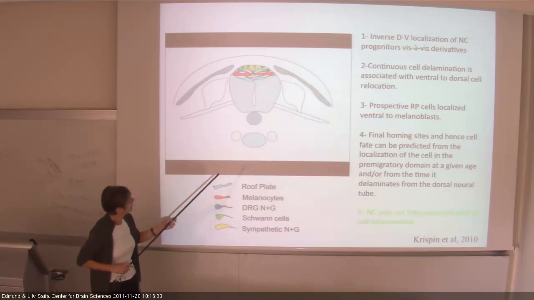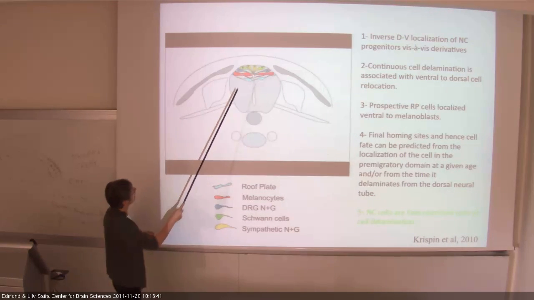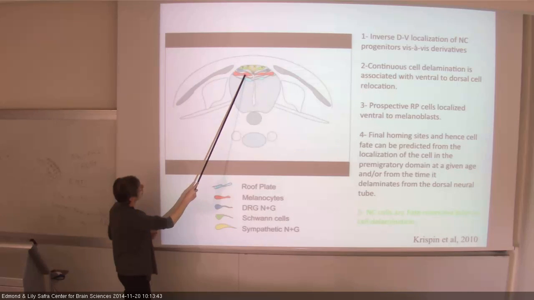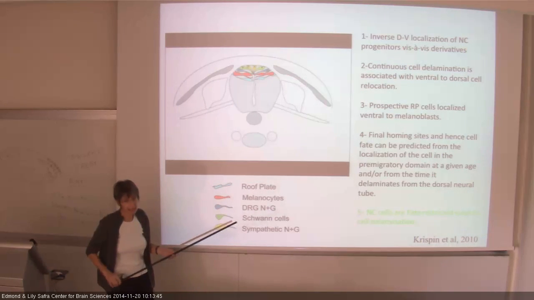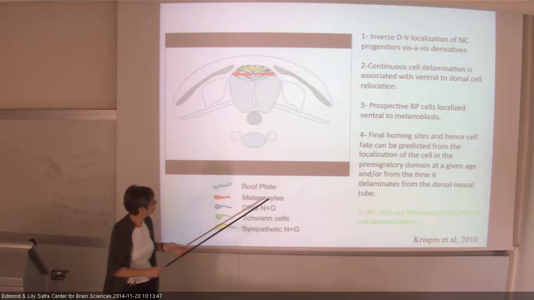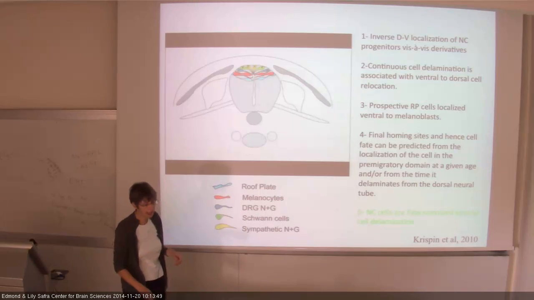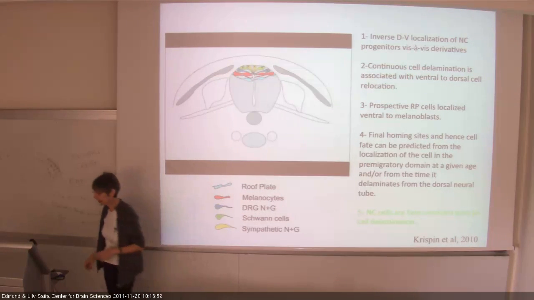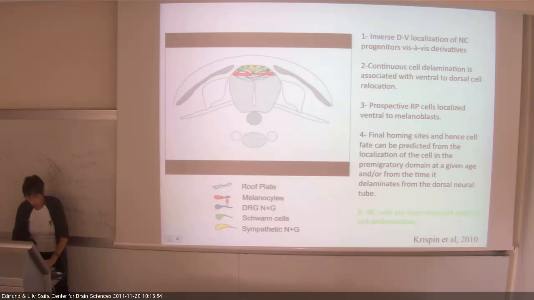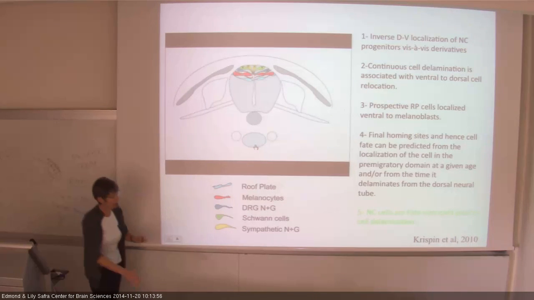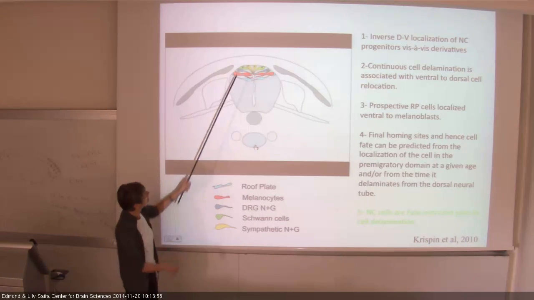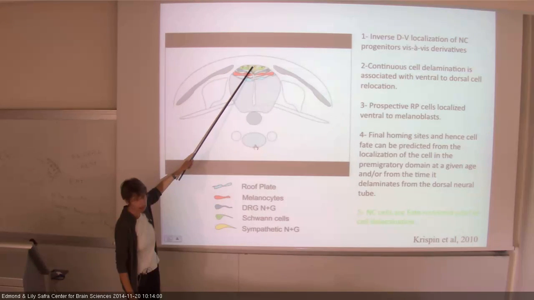So what Shlomi demonstrated is that there is an inverse localization of cells in the tube that corresponds to their final location in the periphery. Let me show you this by the movie. First, let me explain that the yellow cells are sympathetic progenitors.